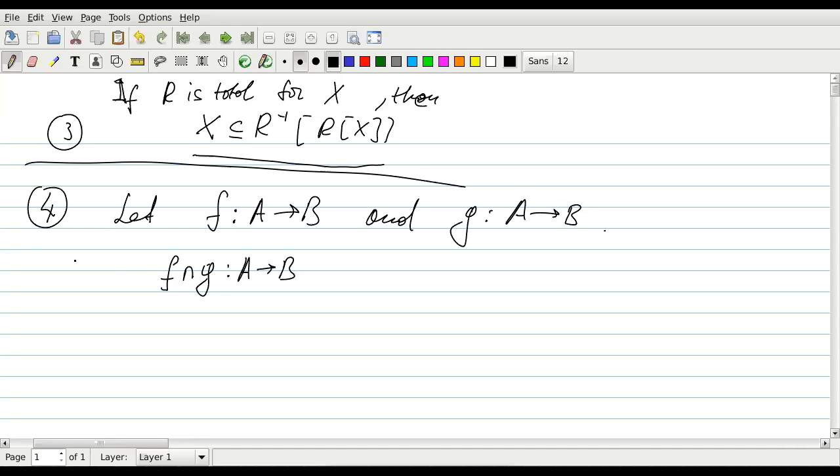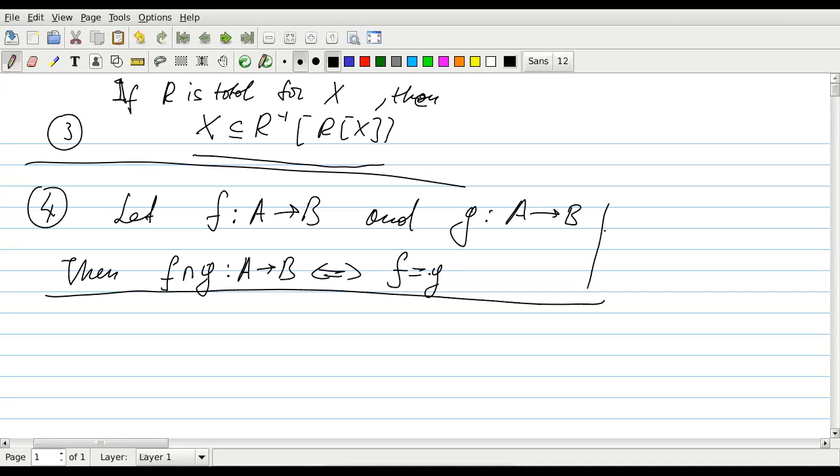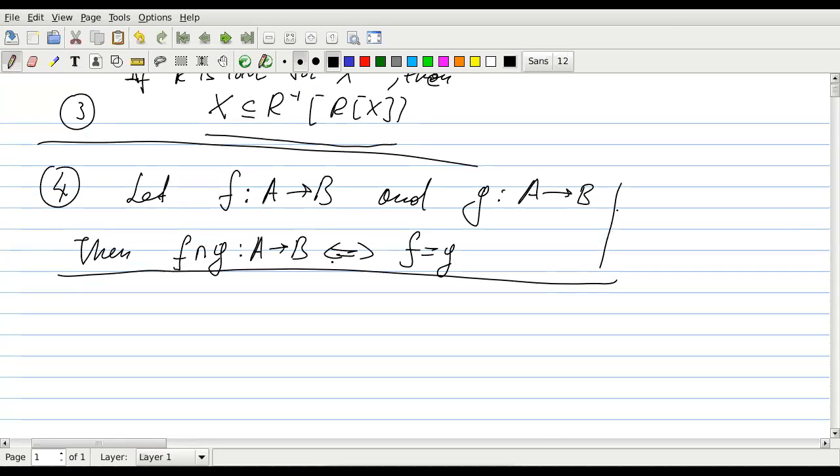And we say that this holds if and only if f equals g. So the intersection is a function from A to B if and only if they are equal. So that's possible only in the trivial case when our functions coincide.